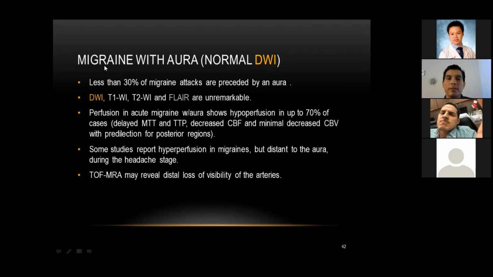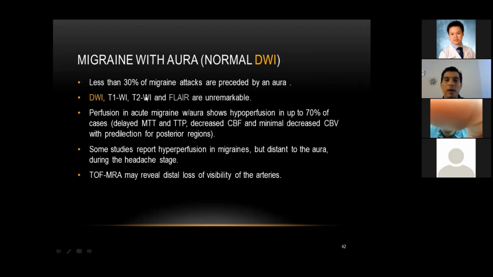But in migraine we know that there are very small lesions in FLAIR, especially with increase of age, and this is a field that is in active research. But less than 30% of migraine attacks are preceded by an aura. And in this case, the aura could mimic a stroke.